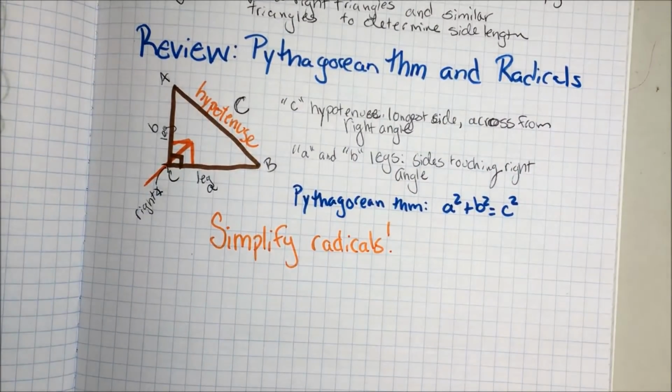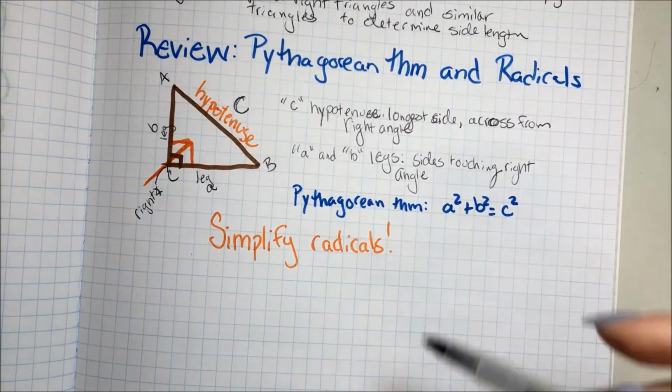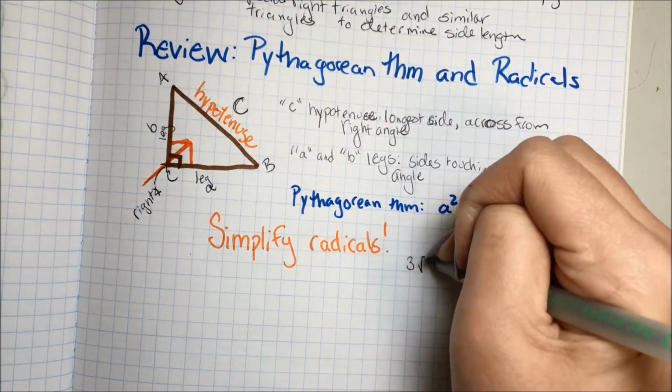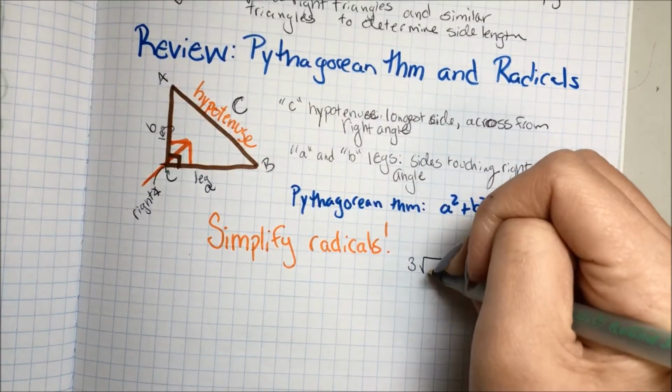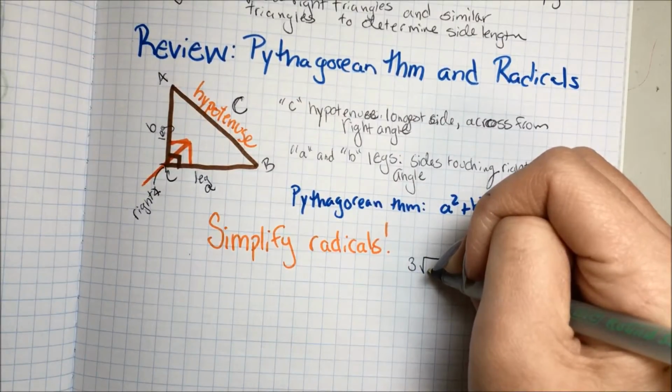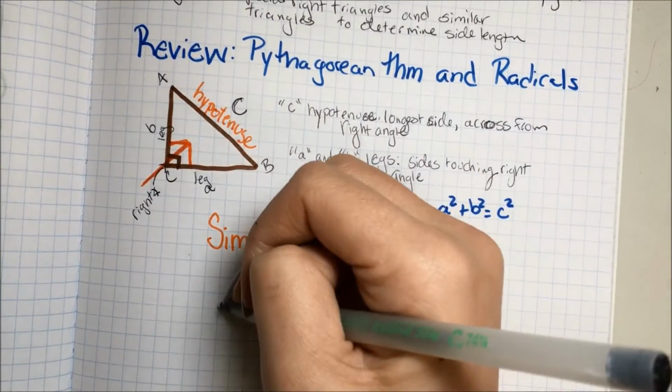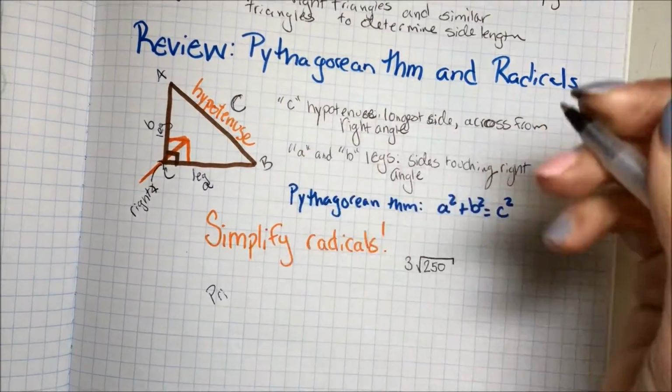So, here's the example I'm going to start with: 3 radical 250. What I want to do is find the prime factorization of what's called the radicand.